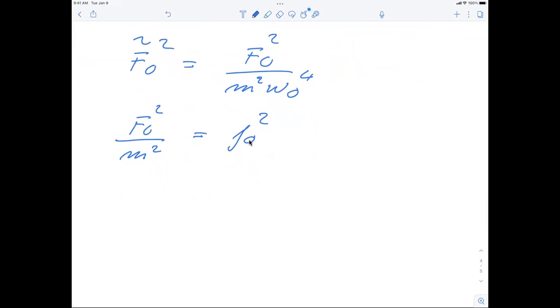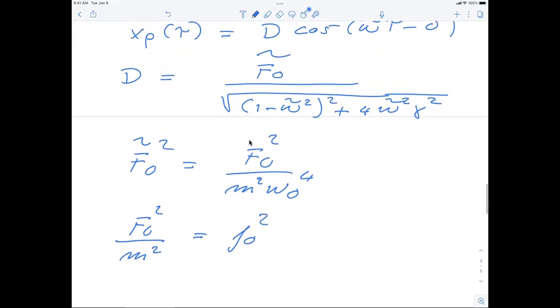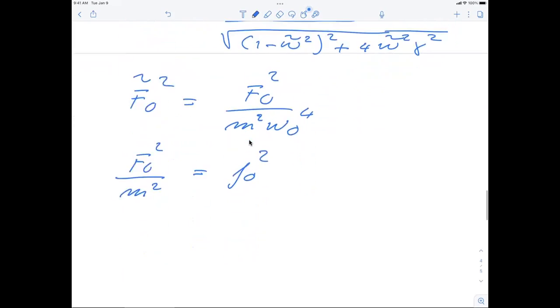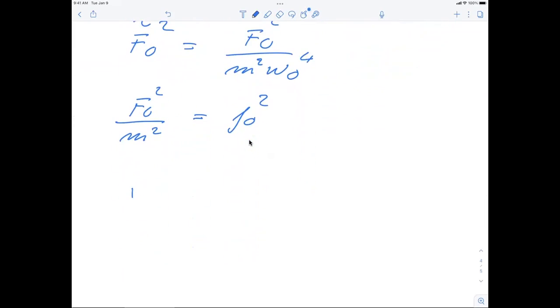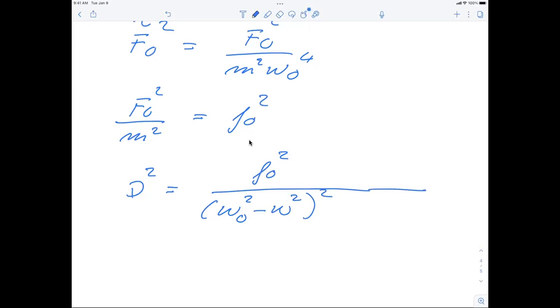Then, if I now square this equation, I'm going to multiply out omega squared, omega 0 squared. So if I rewrite this one, I can write it as F0 squared, and I'm just multiplying out omega 0 squared plus 4.